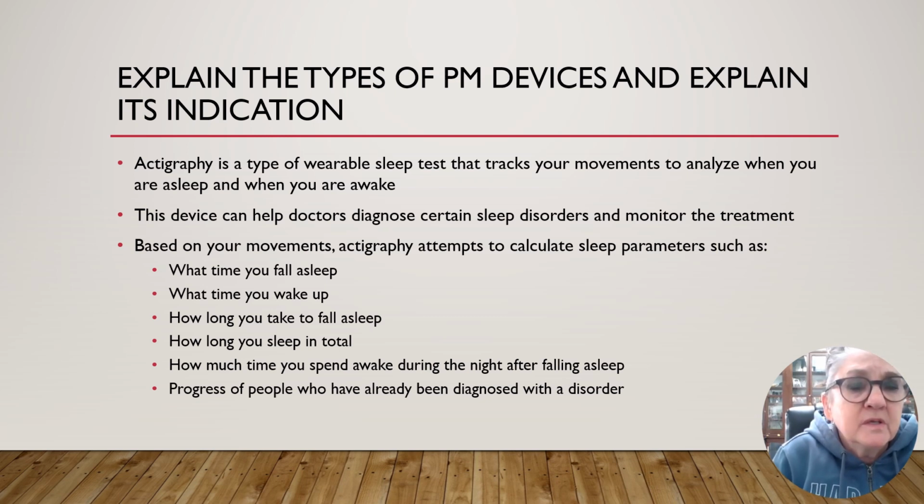Based on your movements, actigraphy attempts to calculate sleep parameters such as what time you fall asleep, what time you wake up, how long you take to fall asleep, how long you sleep in total, how much time you spend awake during the night after falling asleep, and the progress of people who have already been diagnosed with this disorder.